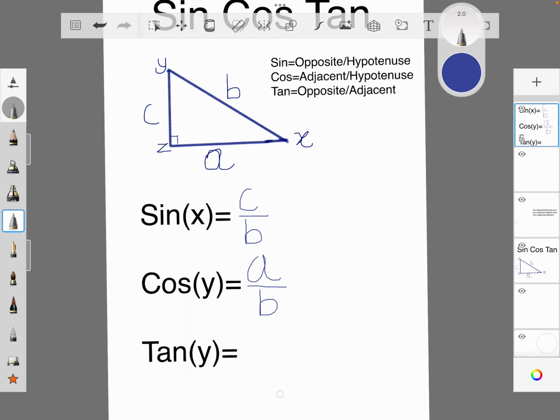Now in the problem here, it's asking what tan y is. So the opposite of y is A, and the side that is adjacent to y is C. So that would mean tan equals A over C.